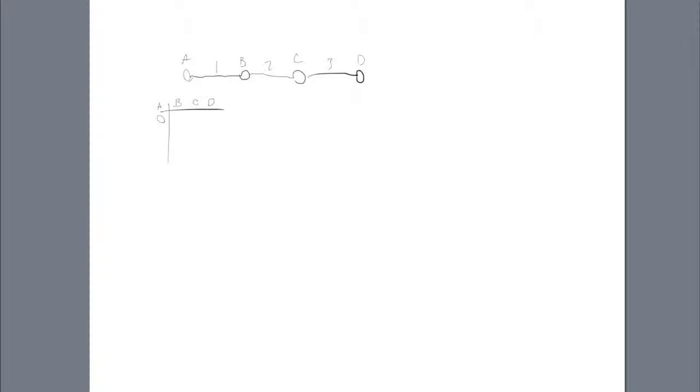So it has B, C, and D. Initialization step. It only knows about its neighbors. So in initialization, you just log the cost to get to its neighbors. So 1 hop, right? And that's 1, because going from A to B is 1, and that's its only neighbor. Everything else is infinity.